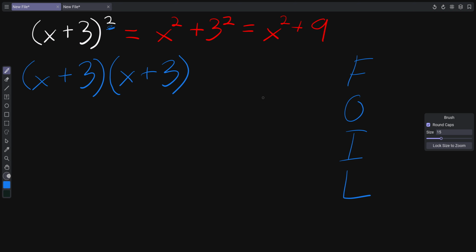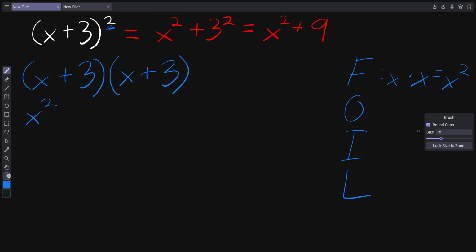So we would start with what appears first in these parentheses, and in that case, that would be x times x, which is going to equal x squared. So we wind up getting x squared, and that part's done.